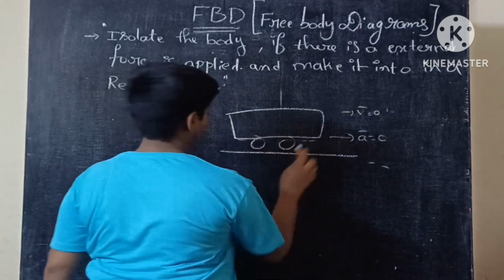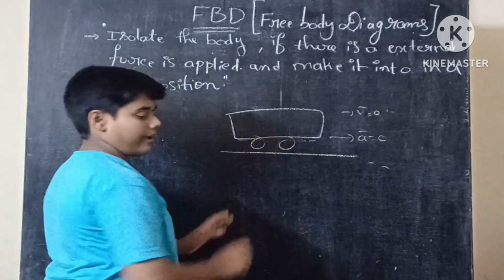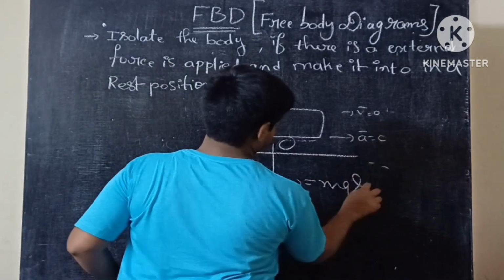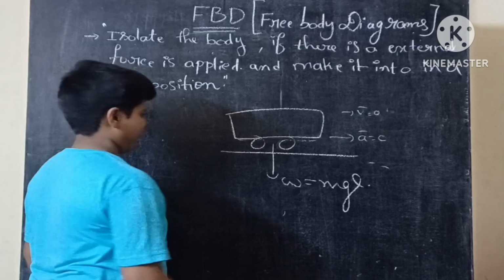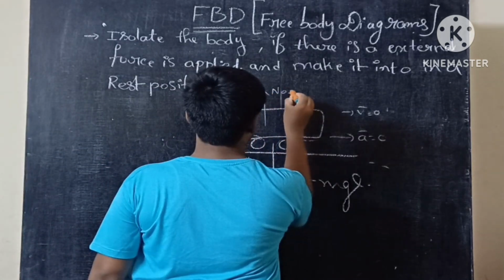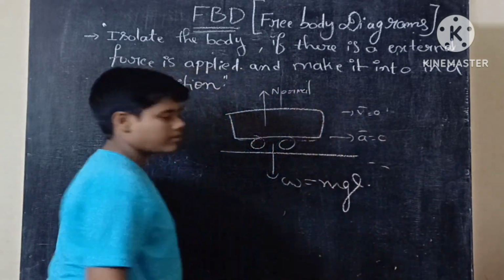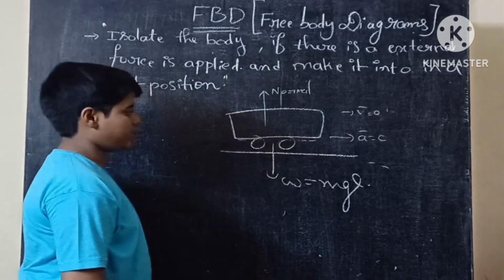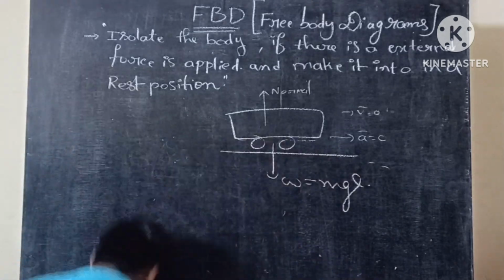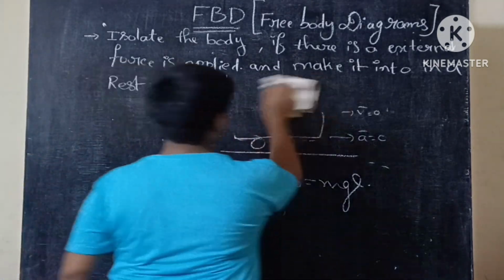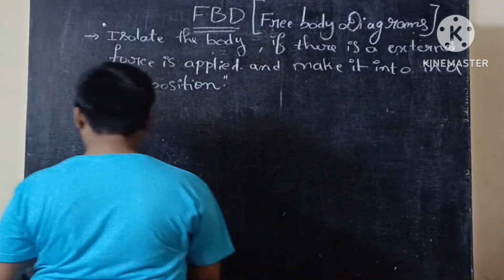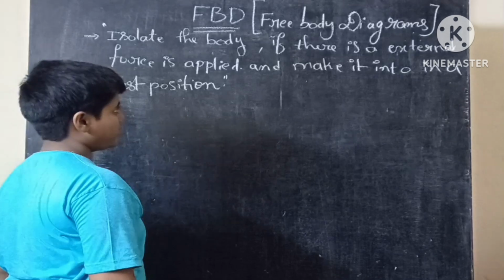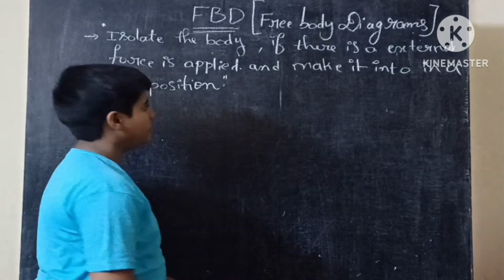So we can say this is in rest position, and the weight acts downwards, W is equal to mg, mass into gravity, and upwards is normal. So this is the isolation of the body. First note down this definition and we can see the cases.